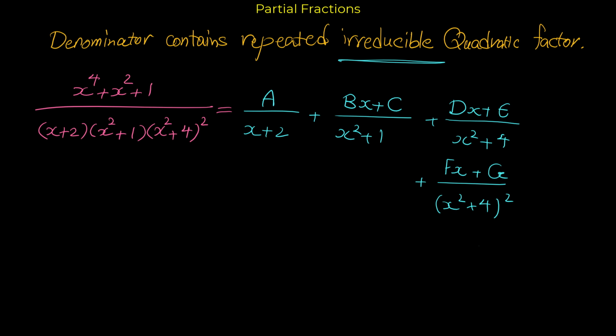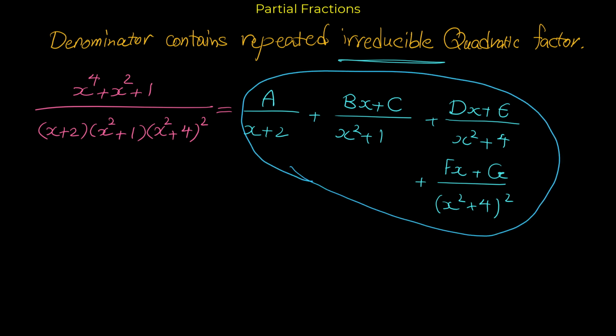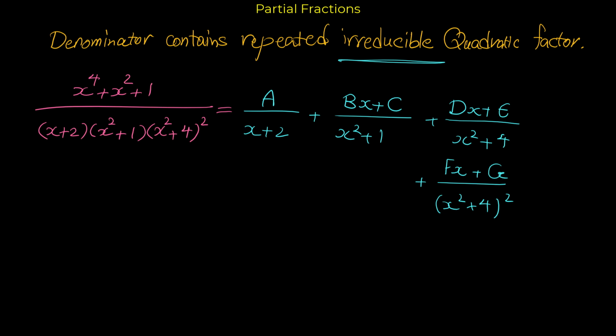So this big expression is the partial fraction decomposition form for this rational function. As you can see, we have A, B, C, D, E, F, and G, which are 7 unknown coefficients, which we have to find.